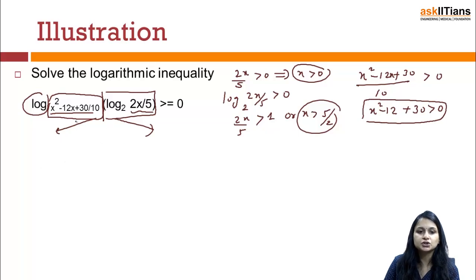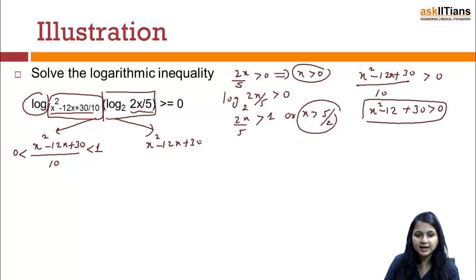Let's try to analyze the two cases. When I have (x square minus 12x plus 30) upon 10, there will be two cases, right? It can be between 0 and 1, and it is also possible that this whole base is greater than 1. Now let's understand this. If (x square minus 12x plus 30) upon 10 is lying between 0 and 1, what will happen to the sign of inequality?